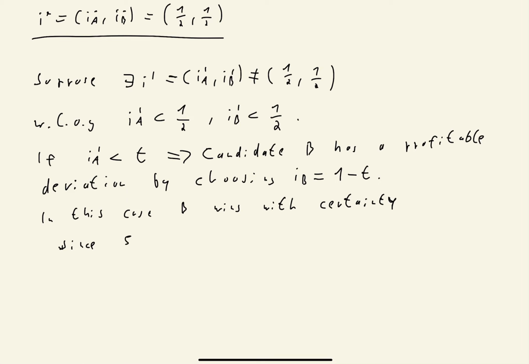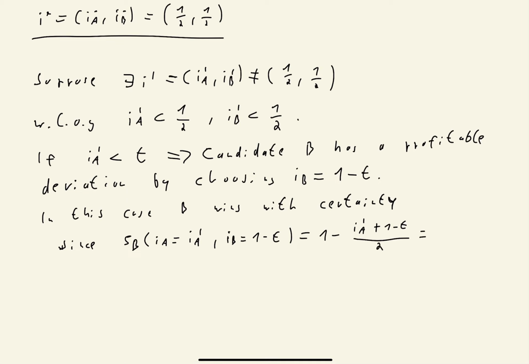SB of IA being equal to IA prime and IB being equal to 1 minus t, given that IA prime is smaller than t, of course, is 1 minus IA prime plus 1 minus t divided by 2.